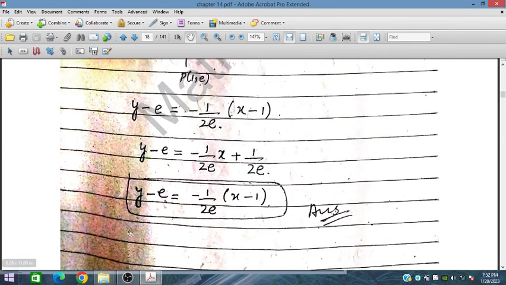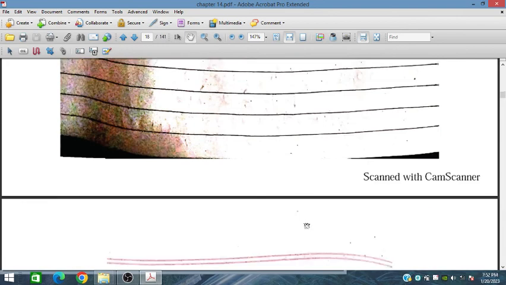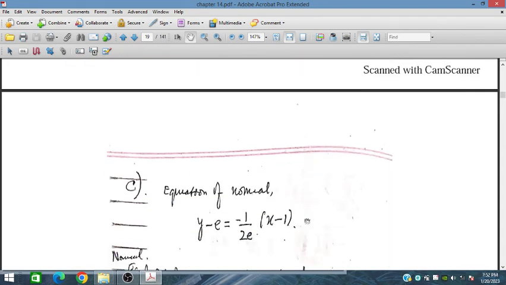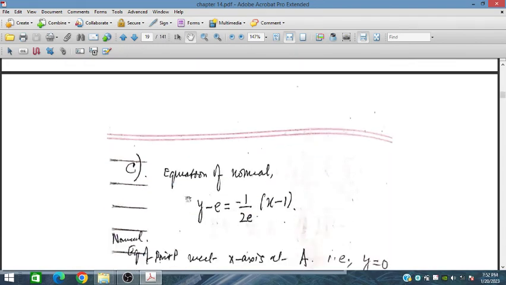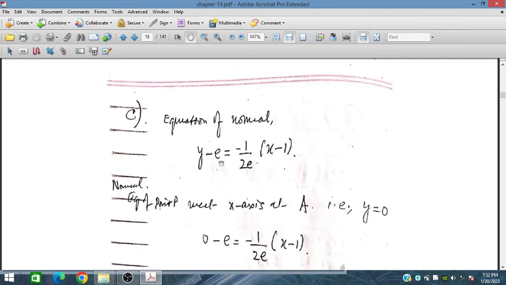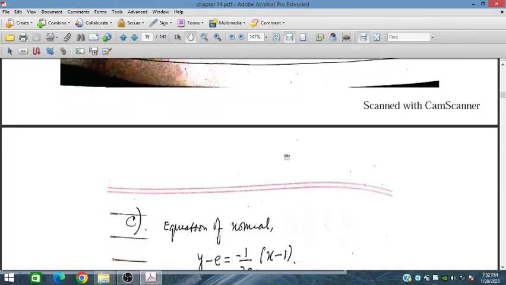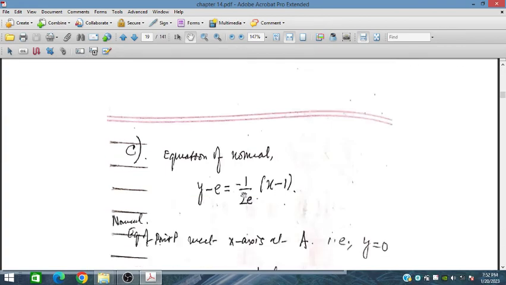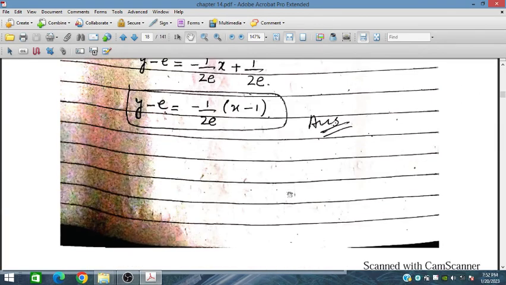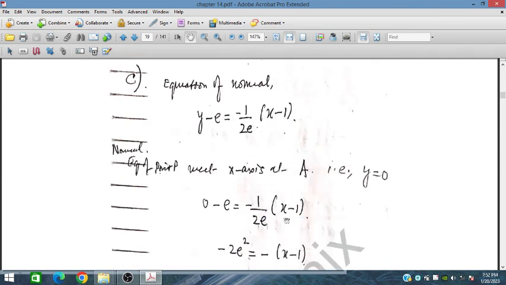So this is question number 5, a difficult one. Equation of normal: y minus this e equals minus 1 over 2e times x minus 1. This is the equation of the normal.